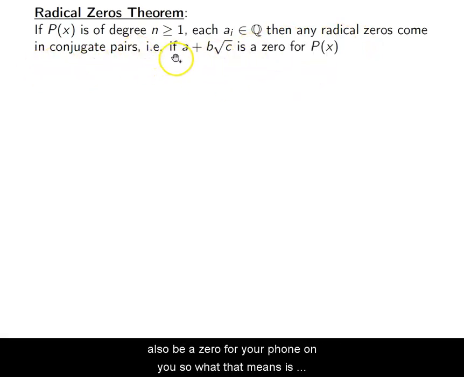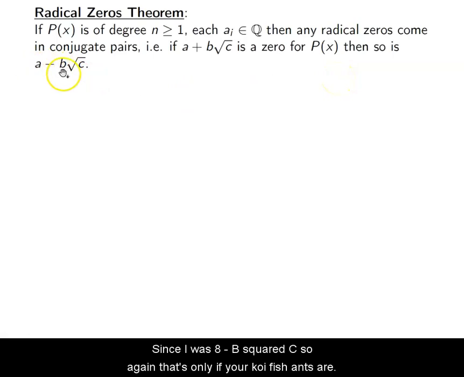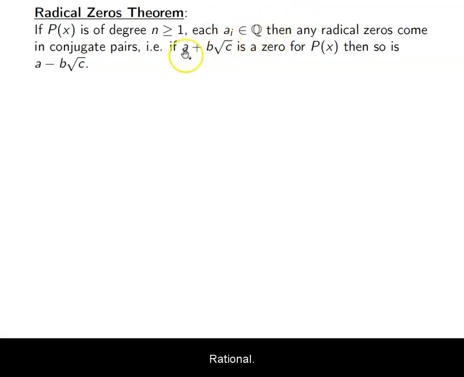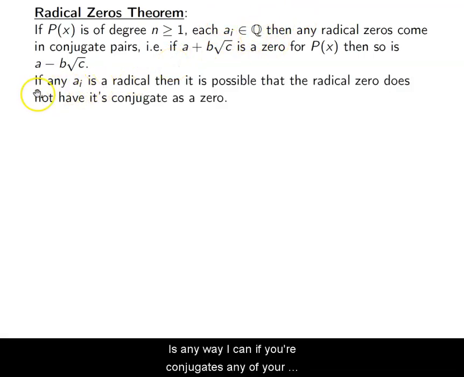So if a plus b square root c is a zero for your polynomial, then so is a minus b square root c. Again, that's only if your coefficients are rational. If any of your coefficients is a radical, then it's possible that the radical zero does not have its conjugate as a zero.